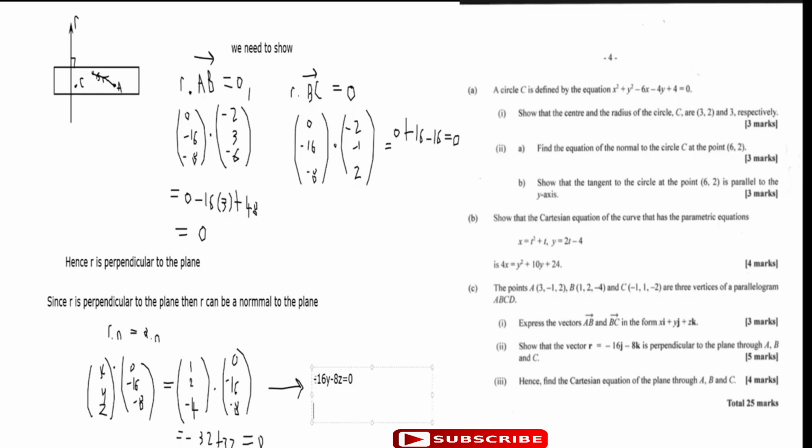We can divide through by negative 8 to say that the plane really and truly is 2y plus z equals 0. That's a Cartesian equation of the plane. Nice and easy. Now that we have the Cartesian equation of the plane, we're good.